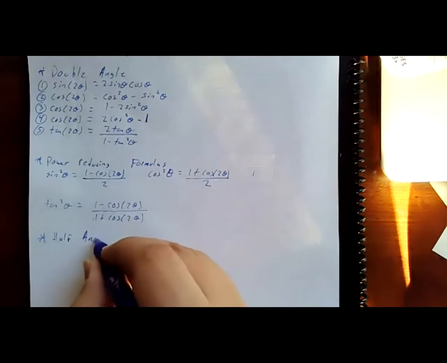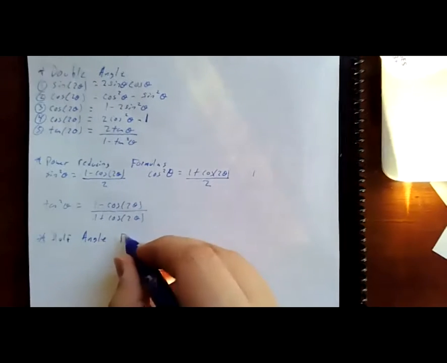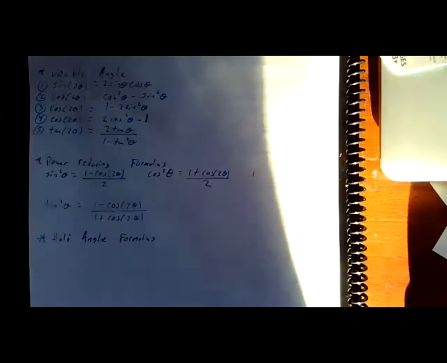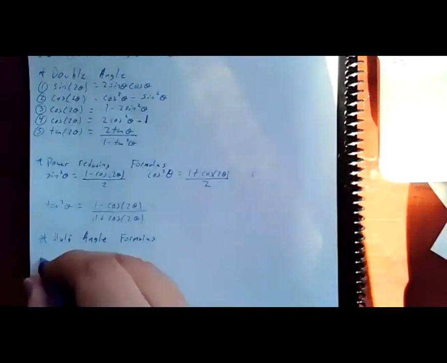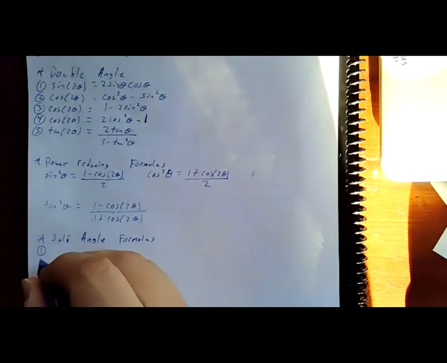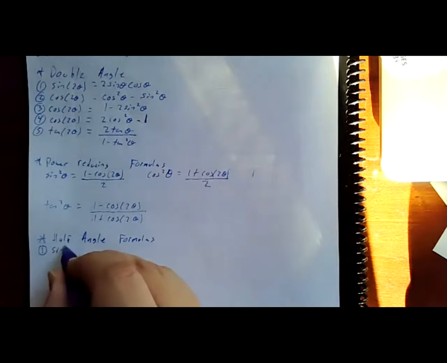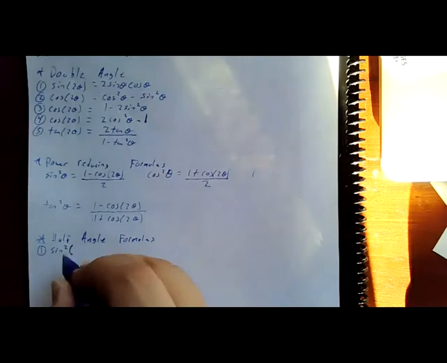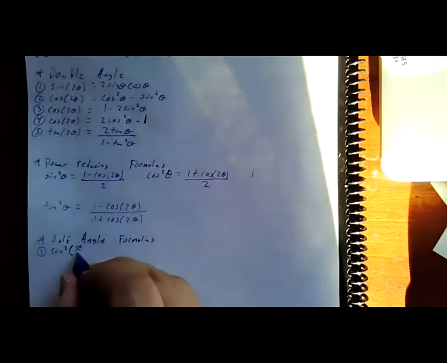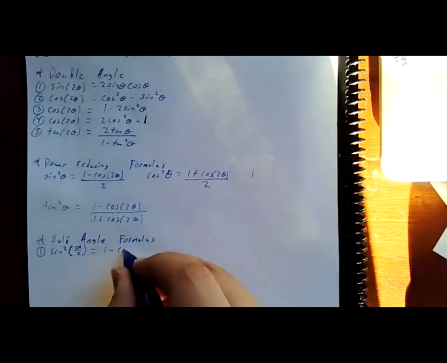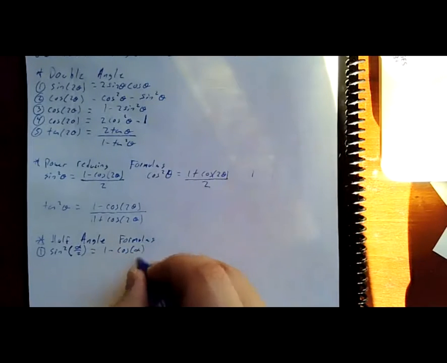Half angle formulas. All right. So sine squared of alpha over 2 is equal to 1 minus cosine alpha over 2.